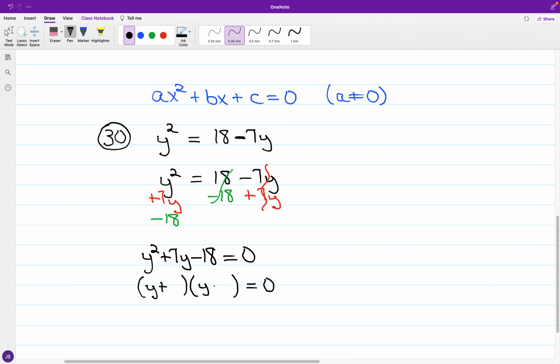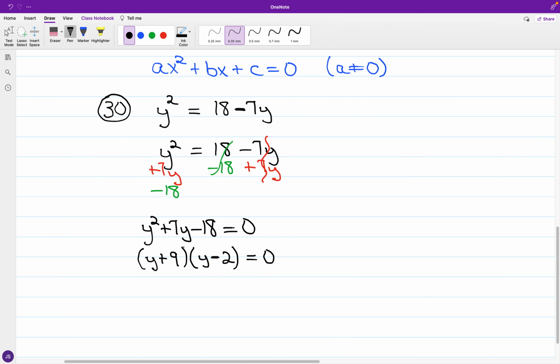Negative 18 will have a plus and a minus factor, and the weight has to be on the addition side. In this case, we have y plus 9 and y minus 2. 9 times negative 2 is negative 18, and adding 9 and negative 2 gives 7.